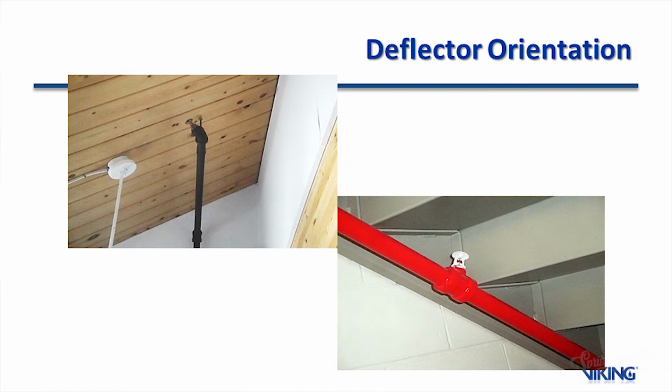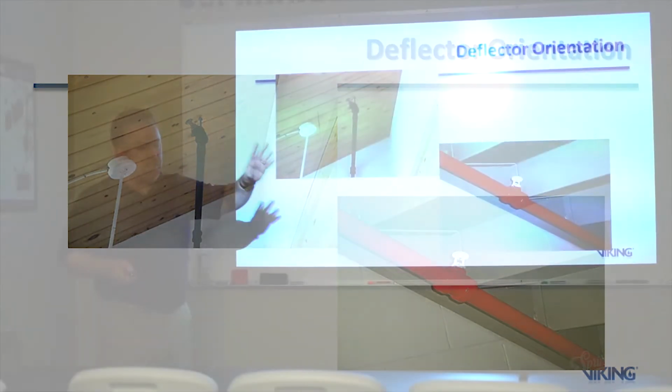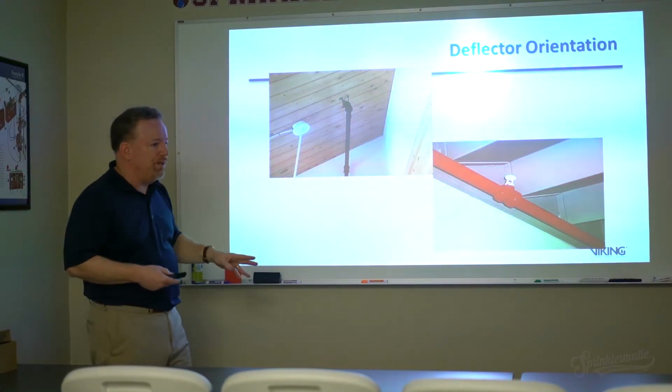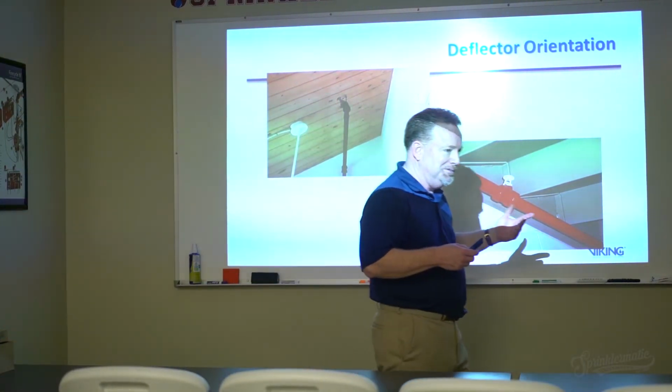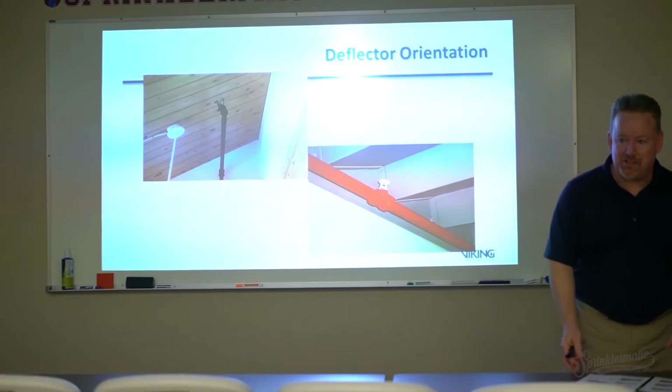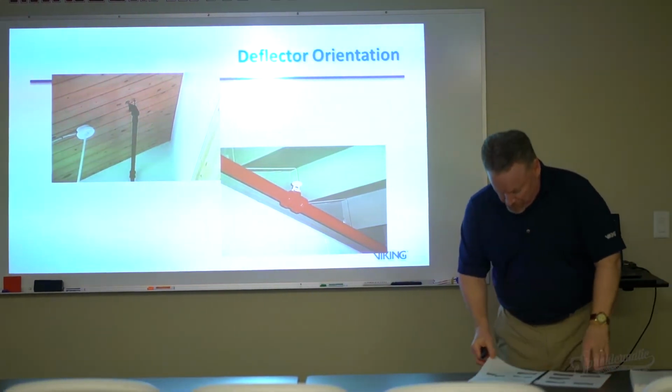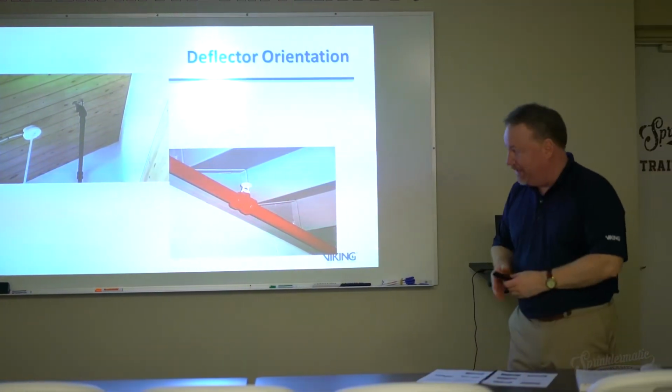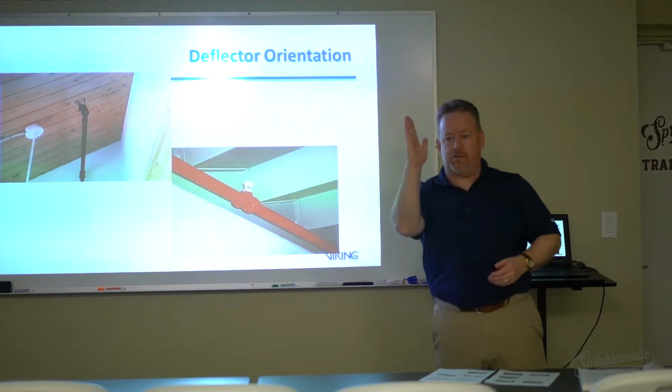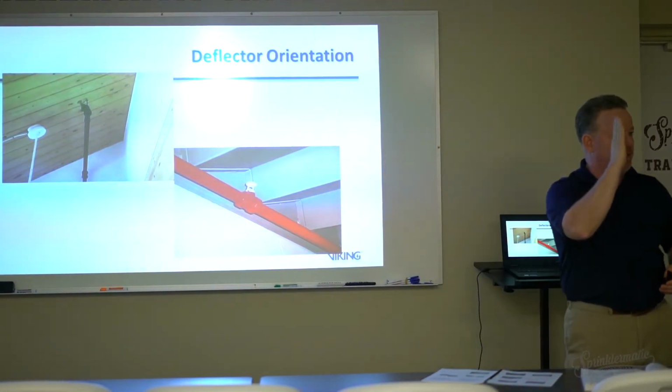Now, deflector orientation becomes a bit of an issue as well. We got to remember that, as we talked about earlier, there's upright, pendant, and sidewall sprinklers. So when you have upright, pendant, and sidewall sprinklers, you don't always have a horizontal roof. Sometimes you have a pitched ceiling line, right? So with that pitched ceiling line, we don't install the sprinklers straight up and down.